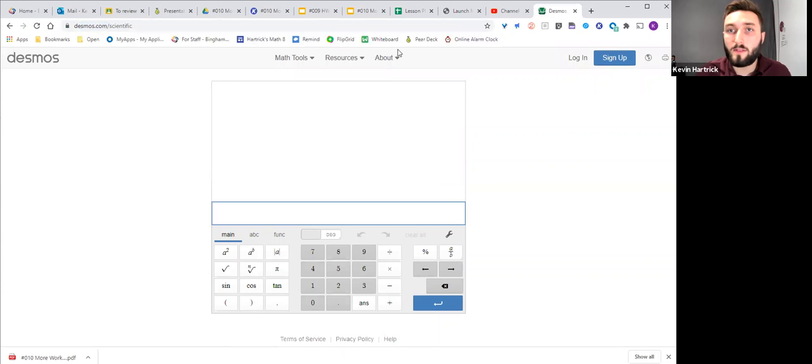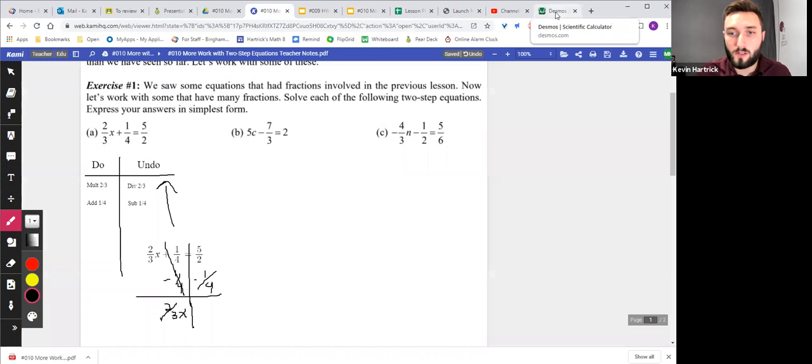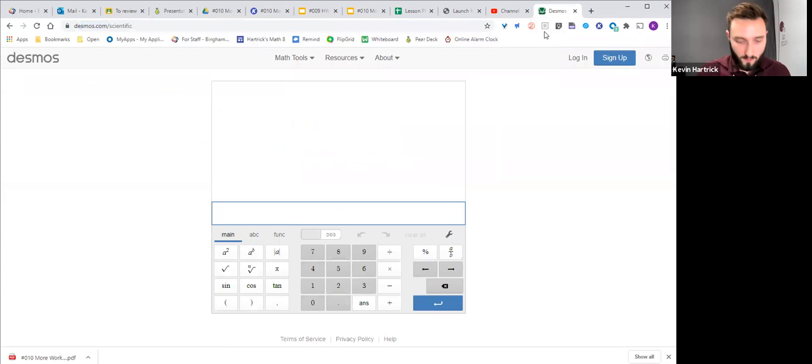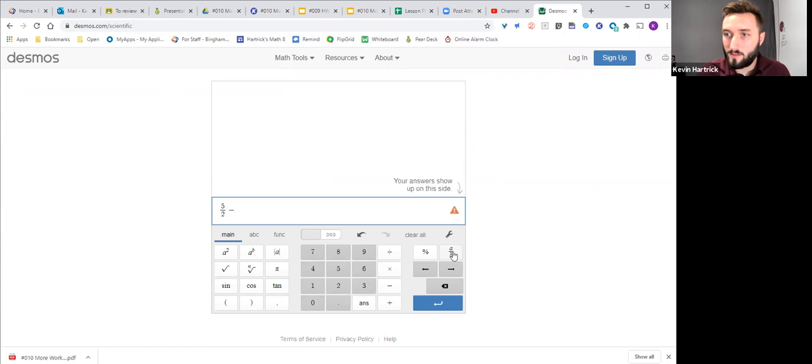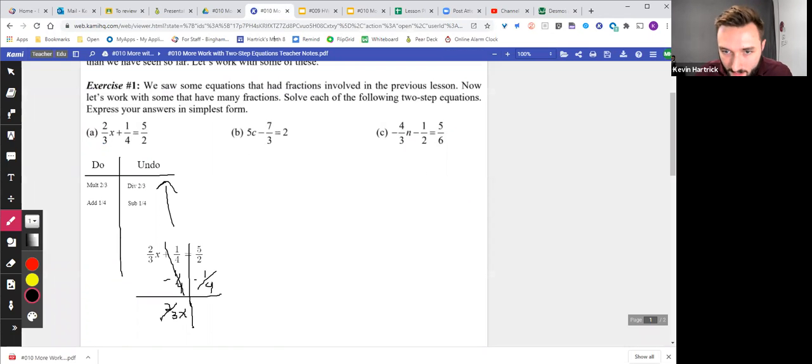I'm going to do the problem, which was 5/2 minus 1/4. So 5/2, and you're going to click this little fraction button here. So 5/2 minus fraction again, 1/4. That gives me 2.25, or if I want it in fraction form, which I do, 9/4. So let's go back. This equals 9/4.